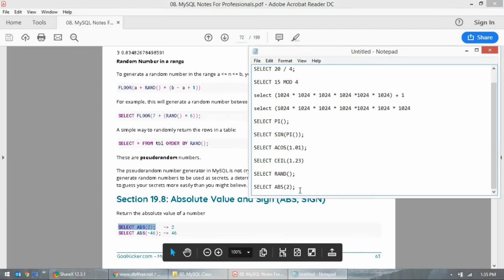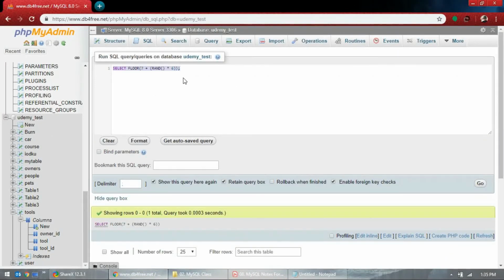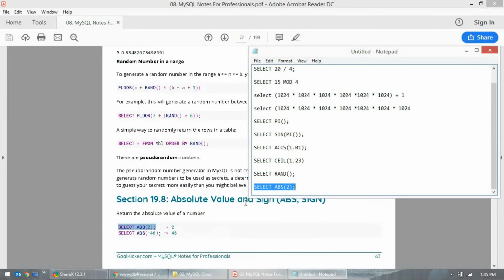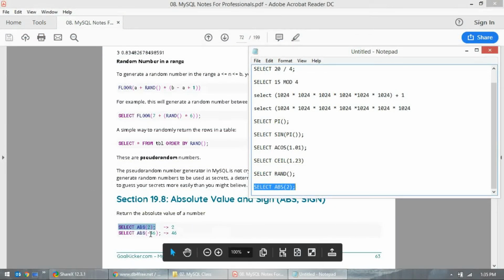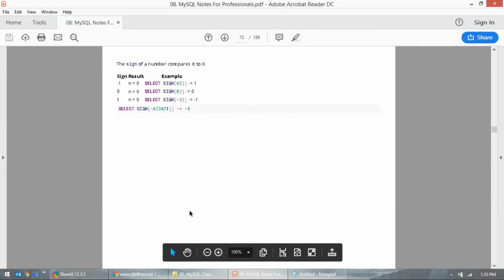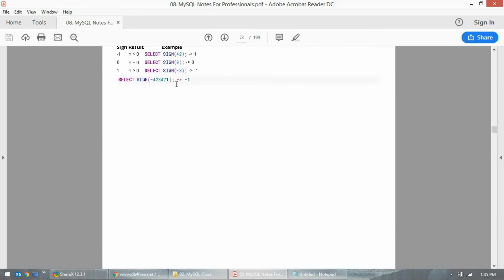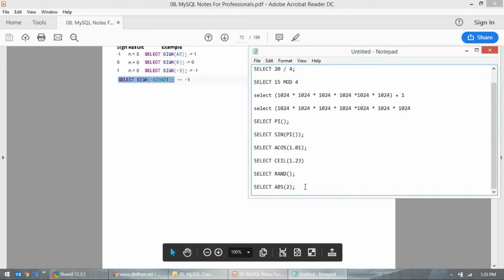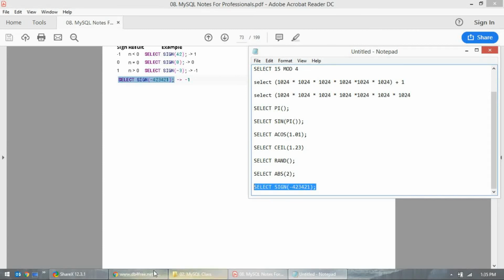So I'm saving this for you and running this. Yeah, working. Absolute number. Absolute means whatever negative value there is, it removes the negative sign. That's pretty much it. And you have the sign function too. We'll try to use this and see what we get.